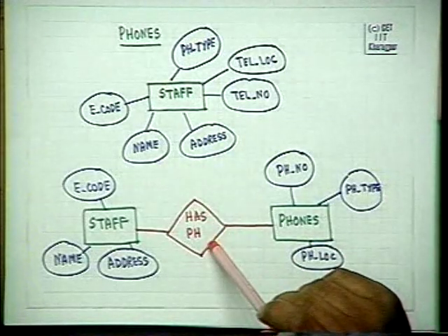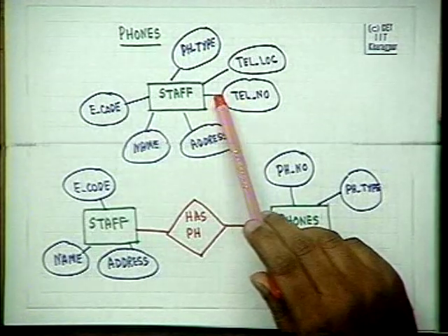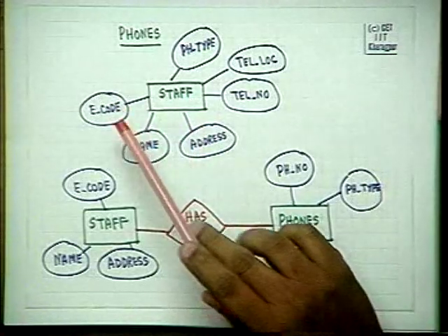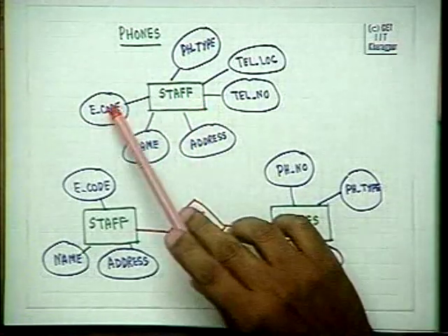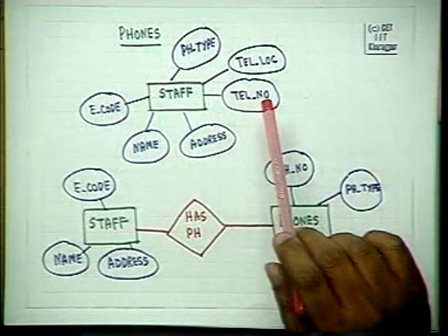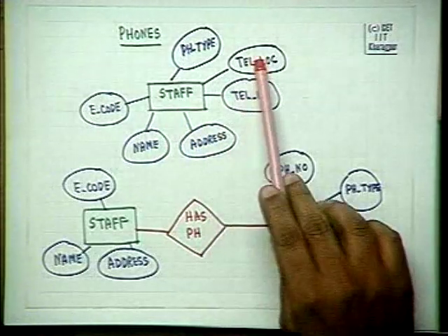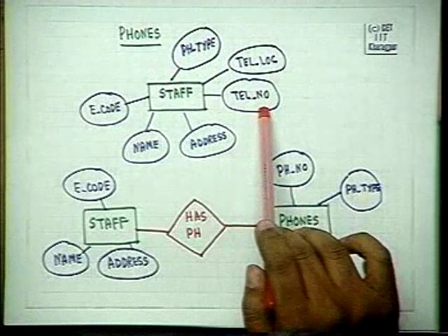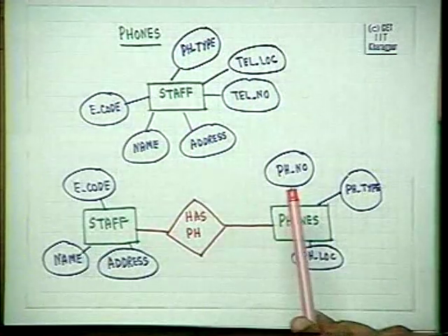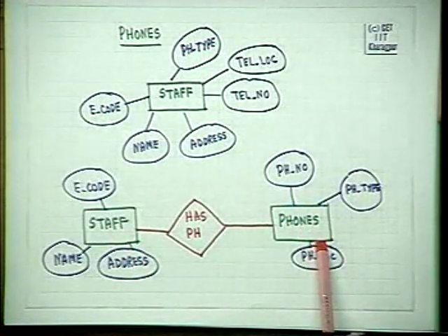This has certain flexibilities and certain constraints, in the sense that in every entity set, every entity must have all the attributes properly filled up. This is our constraint. Therefore, in case a staff does not have a telephone number, we cannot put the attributes of this into the staff. We have to put them out separately as a separate entity set and have this relationship.